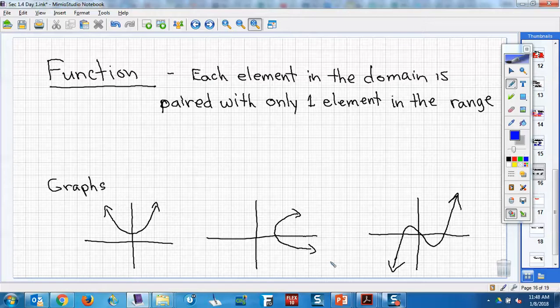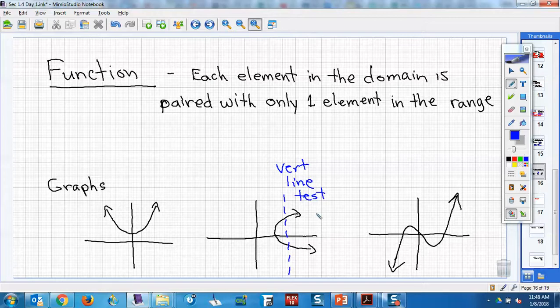Okay, and so then of the 3 graphs I have down here, which one of those is not a function? It's this one right here. And we had the old vertical line test. If you have a graph, if you can draw a vertical line through it, and it crosses more than one point anywhere in there, then you have something that is not a function.